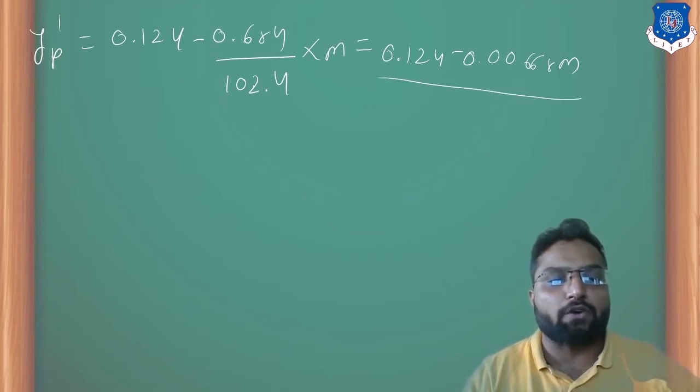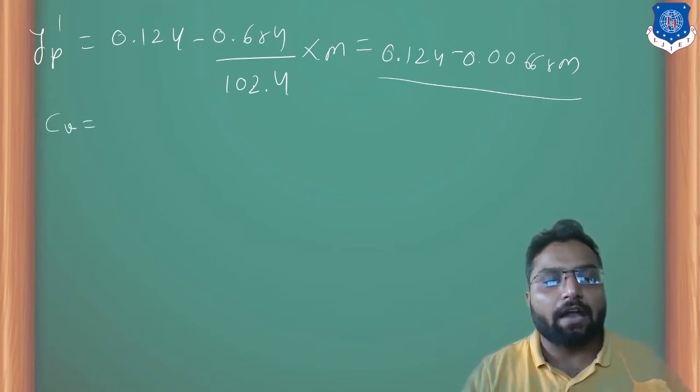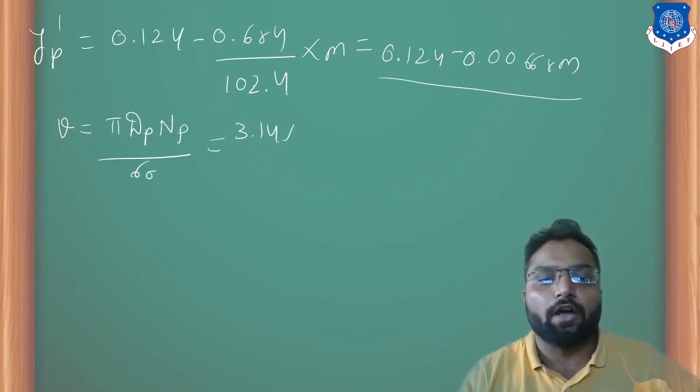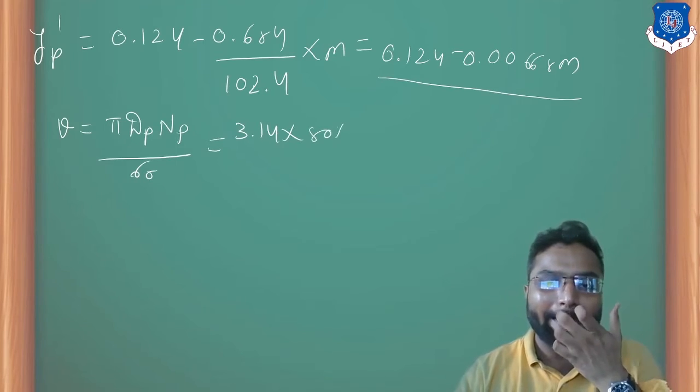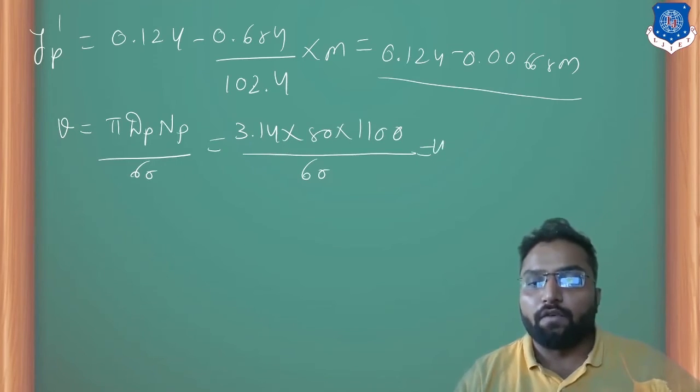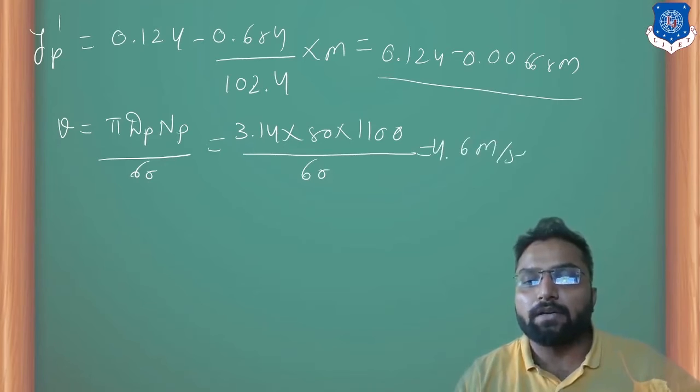The next value to find is cv. Our value for cv depends on velocity, so first of all, let's find velocity. Velocity will be pi dp np by 60. So 3.14 into 80 into 1100 divided by 60, which is equal to 4.6 meter per second.